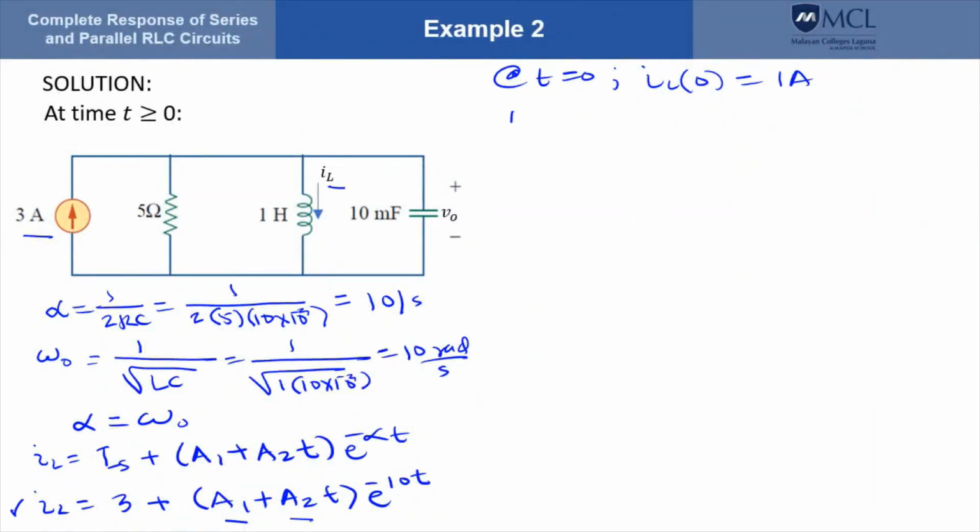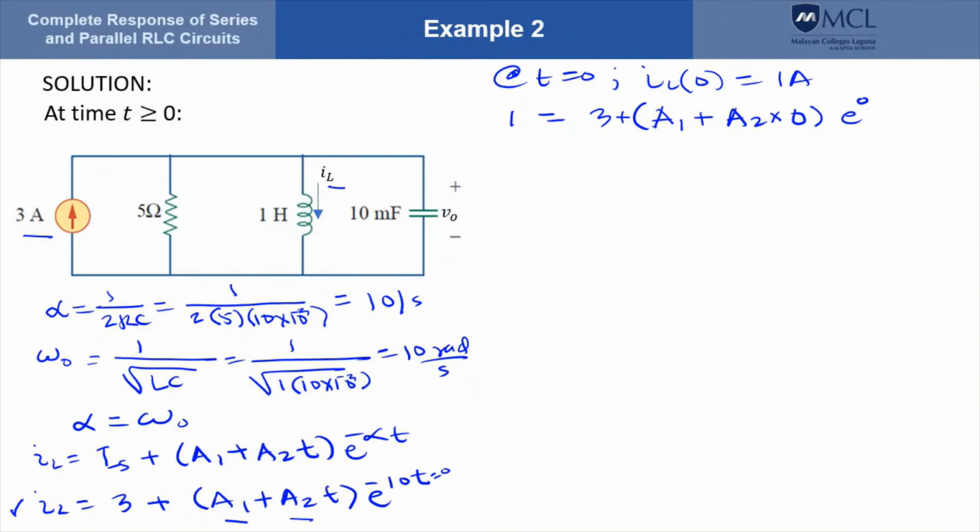So we have 1 equals 3 plus A1 plus A2 times 0, because t is 0 and e to the 0 is 1.